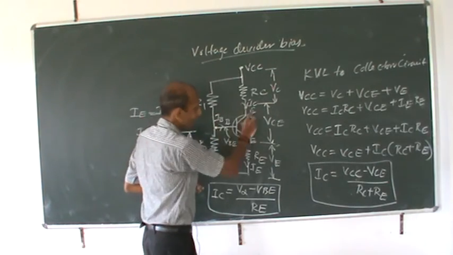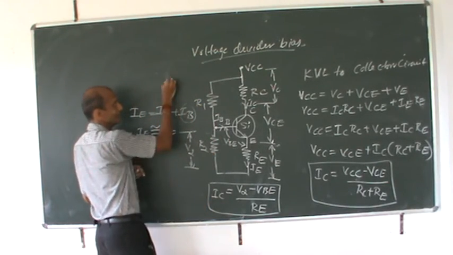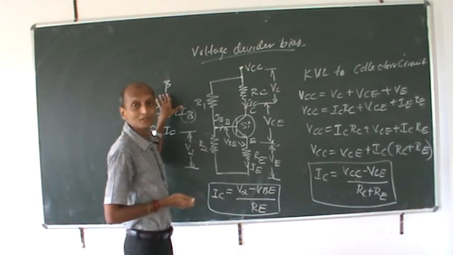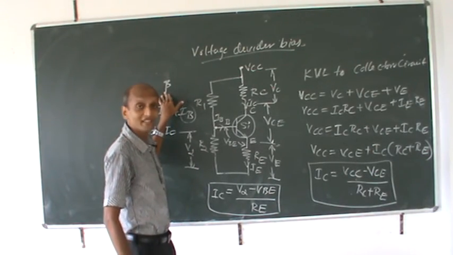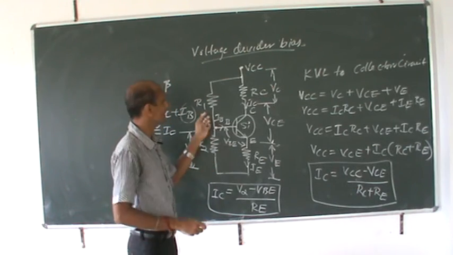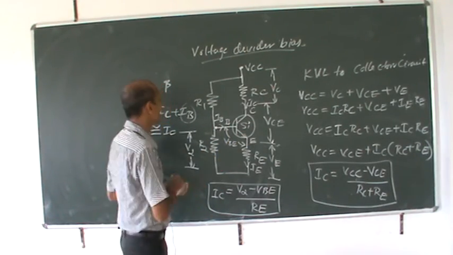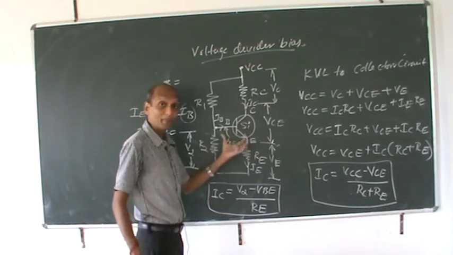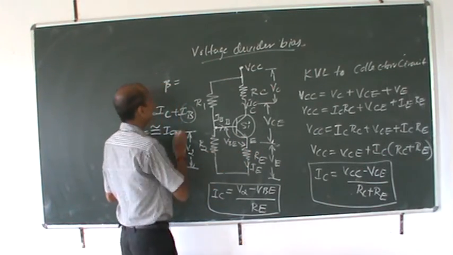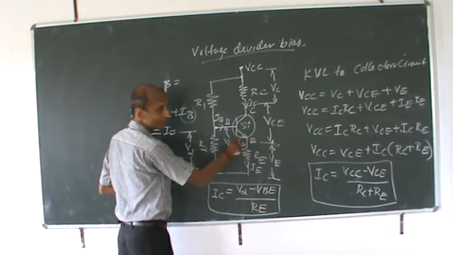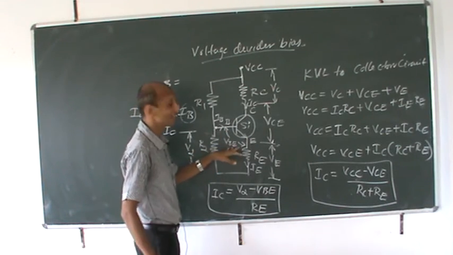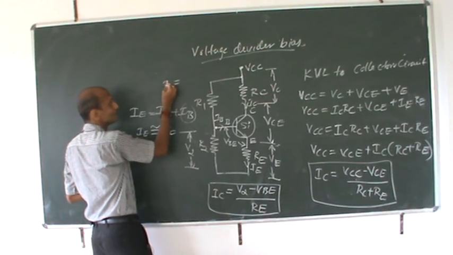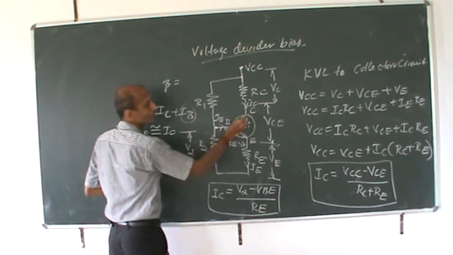Now, what is the beta we have calculated, what we discussed in our previous video? Beta is the collector current gain. In your transistor common emitter configuration, the beta can be found as output current divided by input current.